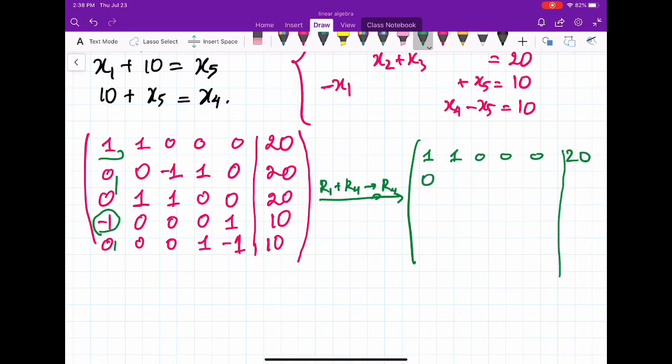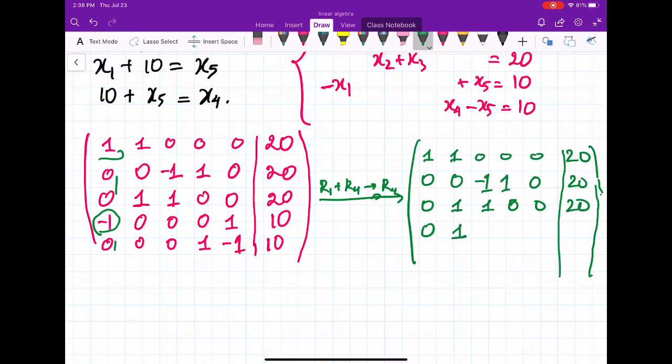The second row looks like this, 0, 0, negative 1, 1, 0, and 20. The third row, 0, 1, 1, 0, 0, 20. The last row is 0, 1, 0, 0, 1, and 30. So 0, 0, 0, 1, negative 1, and 10.